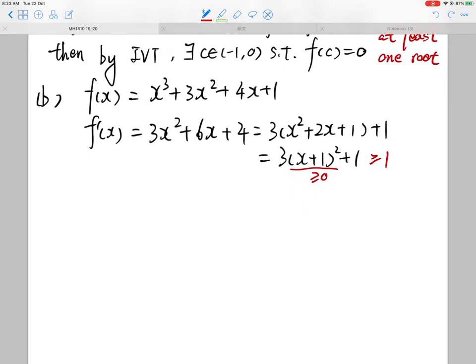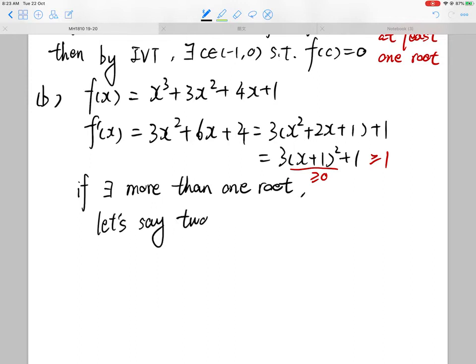Then how do we use the mean value theorem to say that? By the way, this function is always increasing, so it can only meet the x-axis once. Then, if there are more than one roots, let's say the two roots are c1 and c2, which means f(c1) is 0, f(c2) is 0.